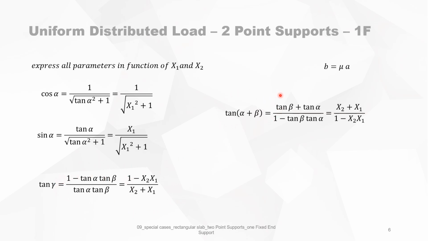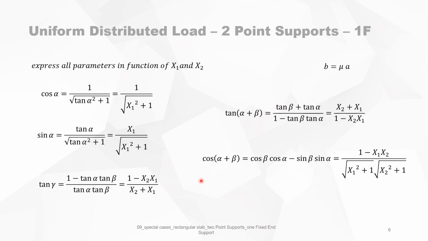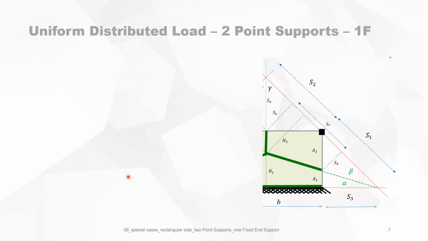And the tangents of alpha plus beta is equal to this expression. The cosinus of the summation alpha plus beta, we will need it in the expressions of E and D, can also be expressed in function of x1 and x2. We will use all those relationships in the following slides.